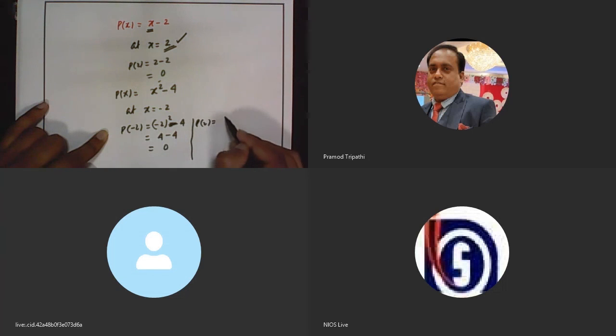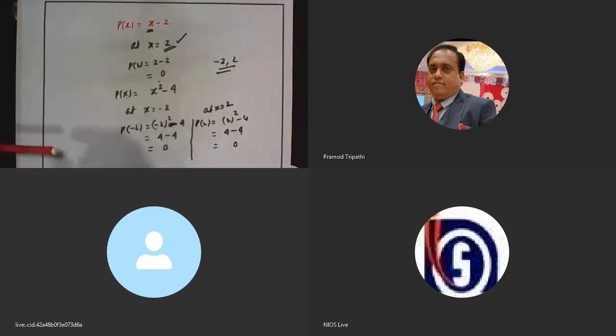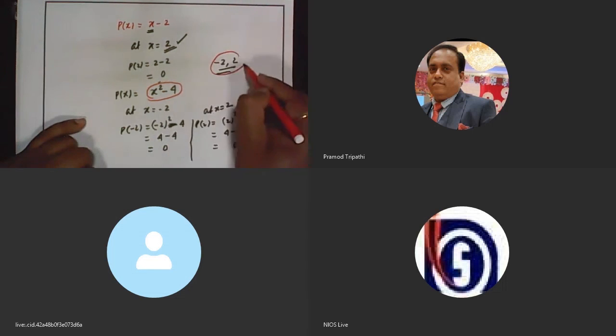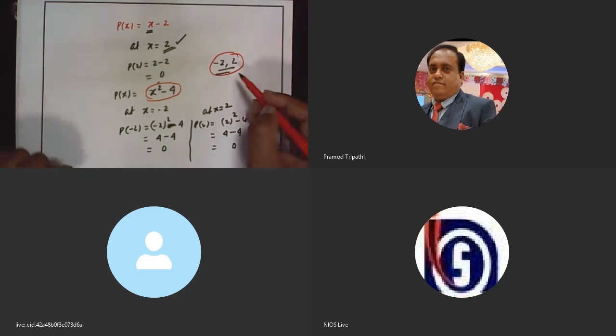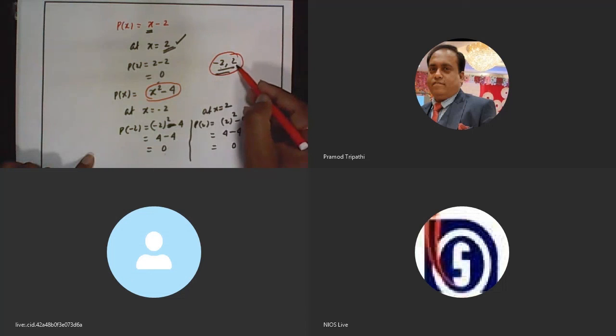At x equal to 2, 4 minus 4 equals 0. So there are two zeros in the case of this quadratic polynomial: at minus 2 and at 2, the polynomial gives the value 0.